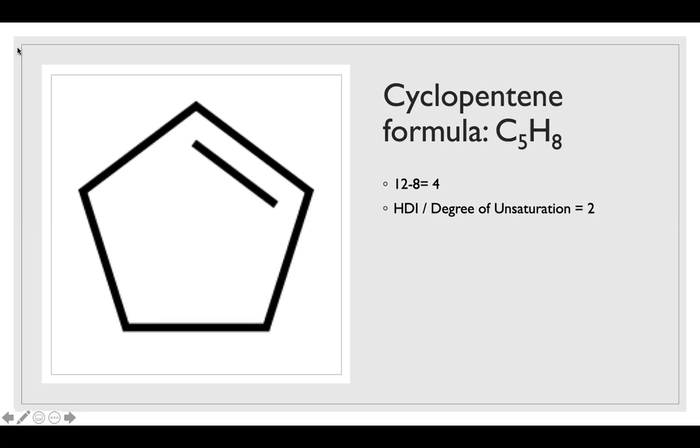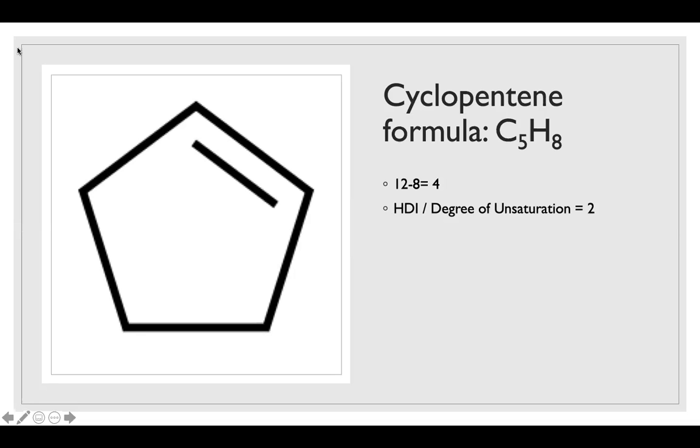If you divide that by 2, that will give you your HDI, or your degree of unsaturation, for this molecule, which is 2. So we can see a trend going on where if there's a ring present or a double bond present, that will cause you to have an HDI, as it is having you lose hydrogens.